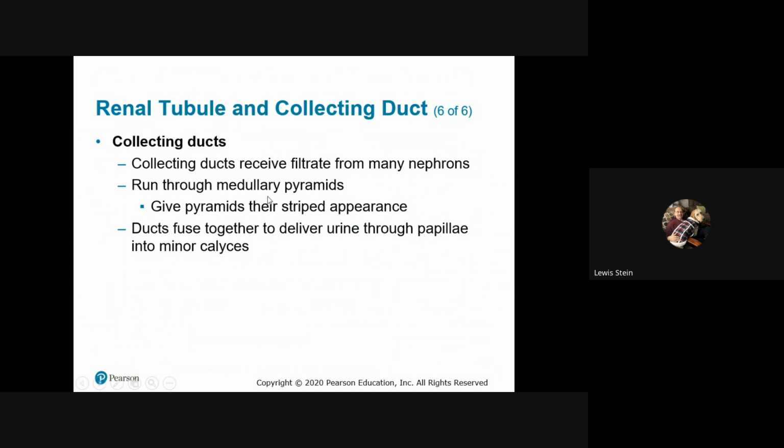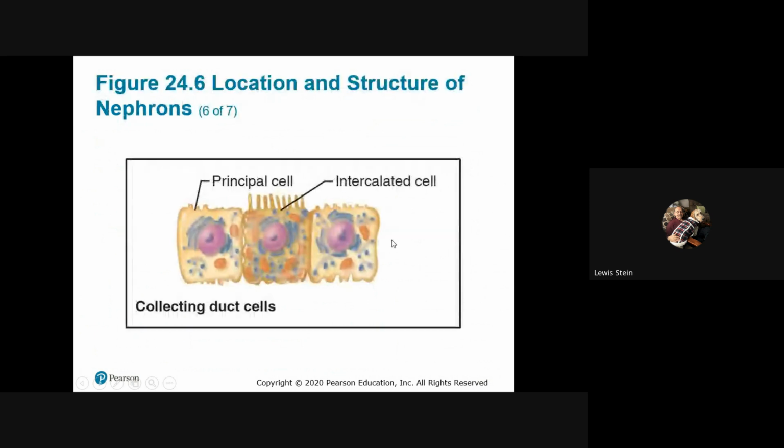What happens is eventually multiple distal convoluted tubules enter these collecting ducts, and the collecting ducts, as you will see, parallel these long loops of Henle, and that gives the medulla that classic striped appearance. Effectively, they all come together and drip out urine, and the urine doesn't get processed further.